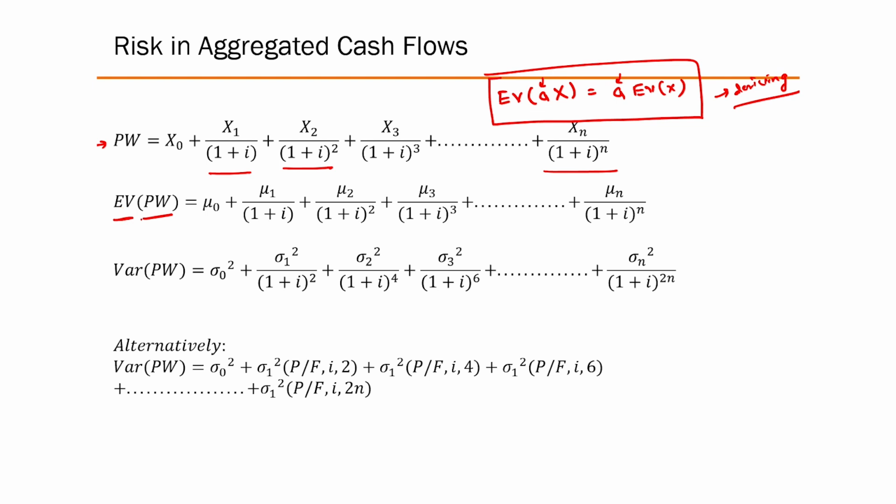So with that, your expected value of the present worth will easily become: the first is mu naught, there is no coefficient. In the second one, the expected value of x1 is mu1, mu is the notation for mean that we typically use, and 1 plus i becomes your what?